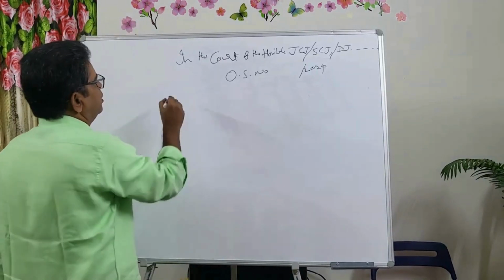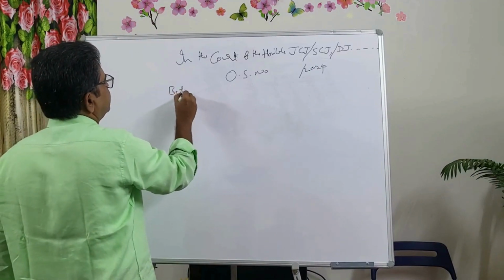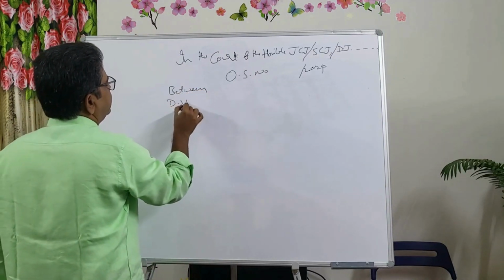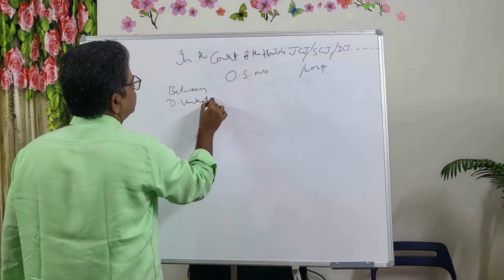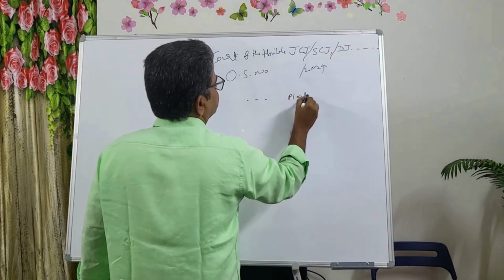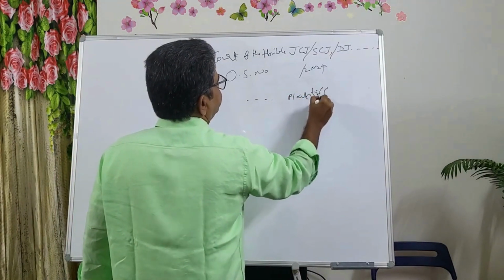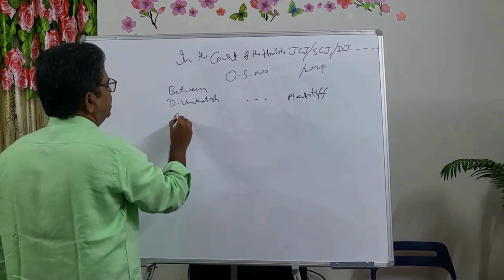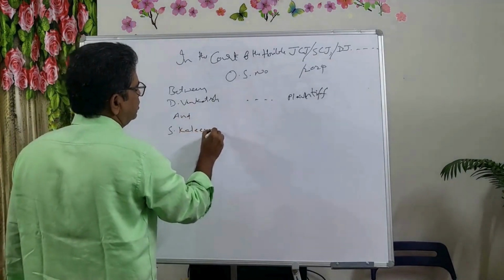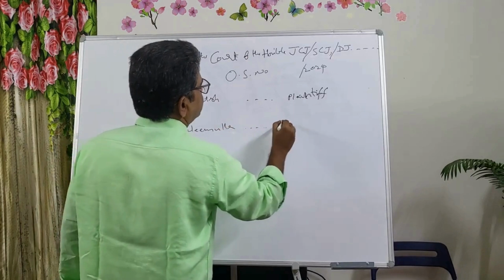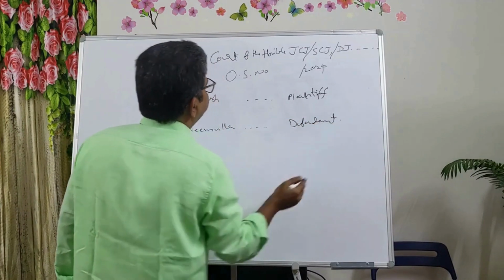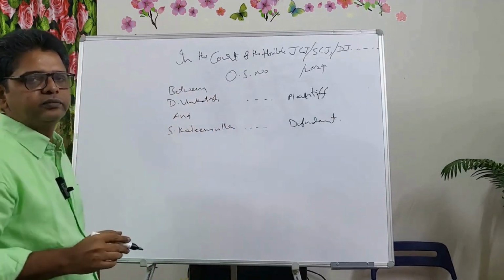Between D. Venkatesh, plaintiff, and S. Kaleemulla, defendant. This is called the cause title.